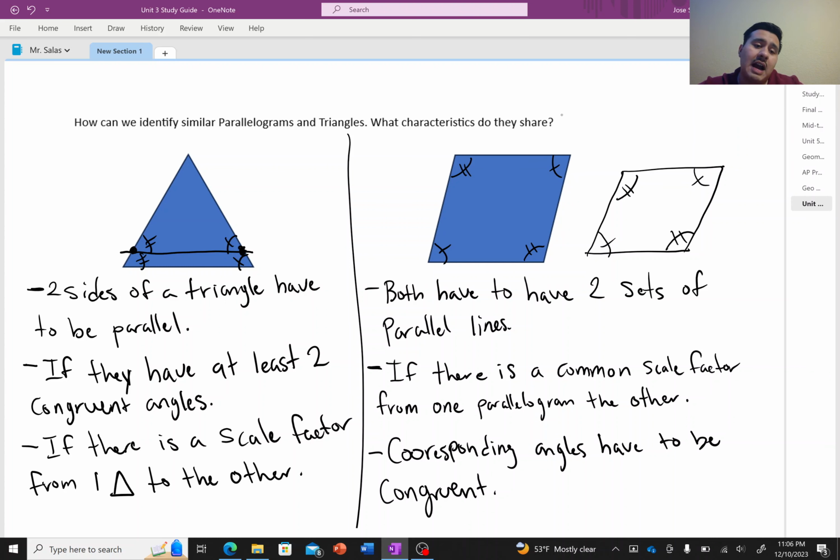So make sure you have these similarities for both. That way you know how you can find similar parallelograms or similar triangles if you're asked how to identify them, right?